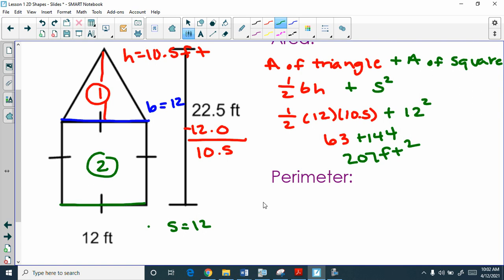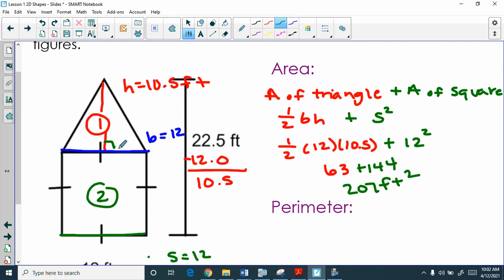Now, to find our perimeter, we would have to know the sides of the shape. When we draw this height down, we have a right angle, which means we have a right triangle. So if this is a right triangle, then we could use that to find either side of this triangle.